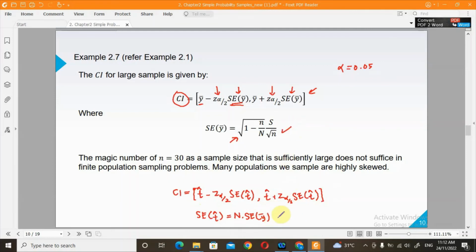So it is also equal to N times the square root of 1 minus sample size over population size, times standard deviation over square root of n. So this is the confidence interval for t hat if you have a large sample.